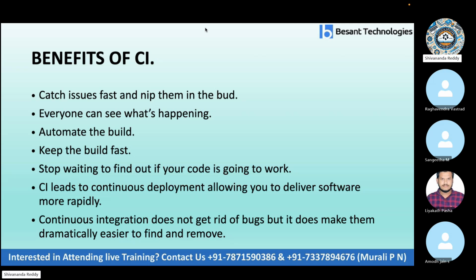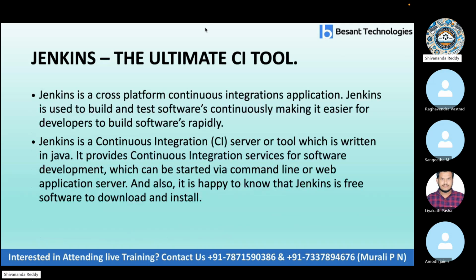Okay, so like that. Then what is Jenkins? Jenkins is a cross-platform continuous integration application. Remember, guys, Jenkins is a cross-platform continuous integration application. Jenkins is used to build and test software continuously, making it easier for developers to build software rapidly.